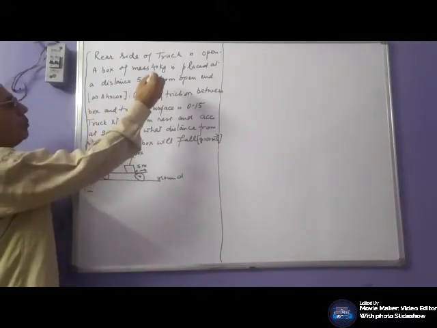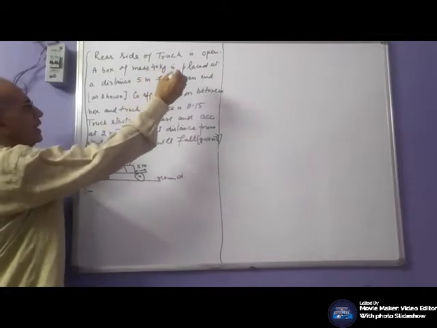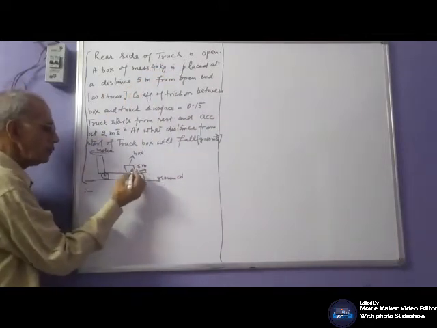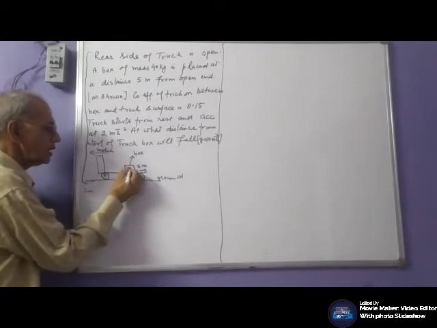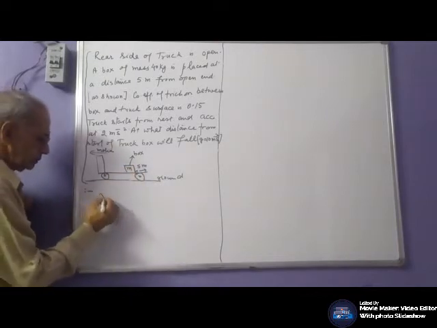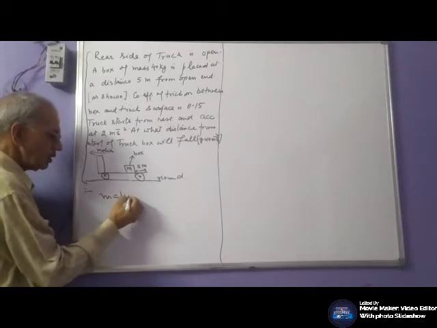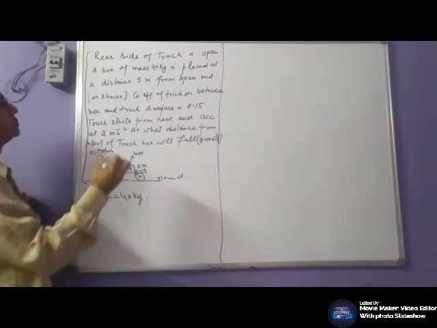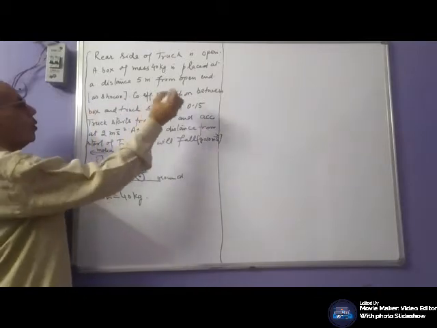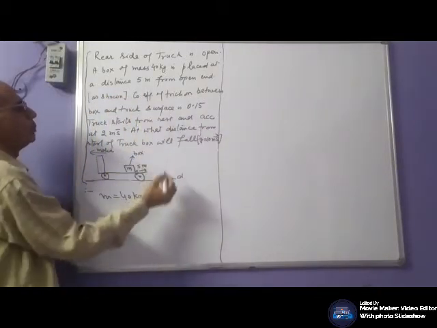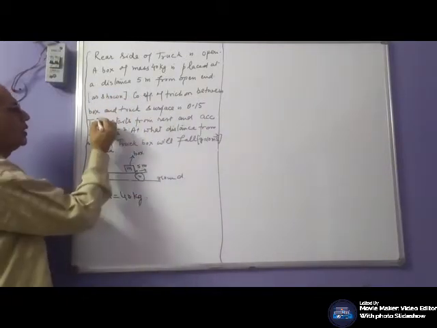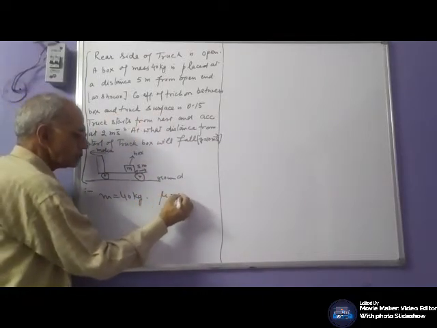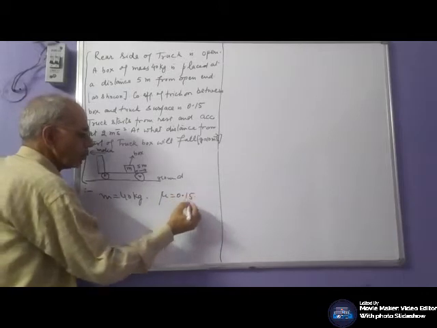A box of mass 40 kg is placed at a distance of 5 meter. At 5 meter here there is a mass, 40 kg is placed. As shown, the coefficient of friction between box and truck is 0.5.